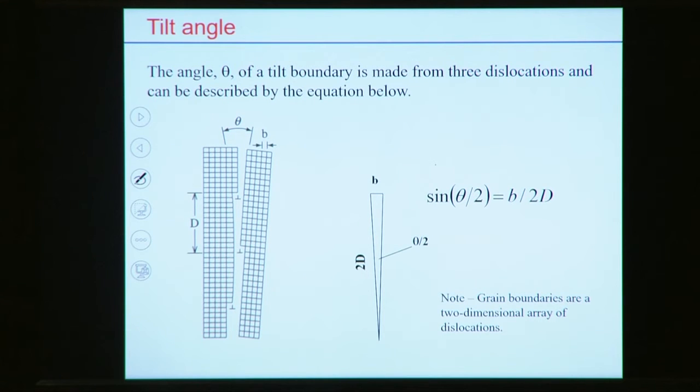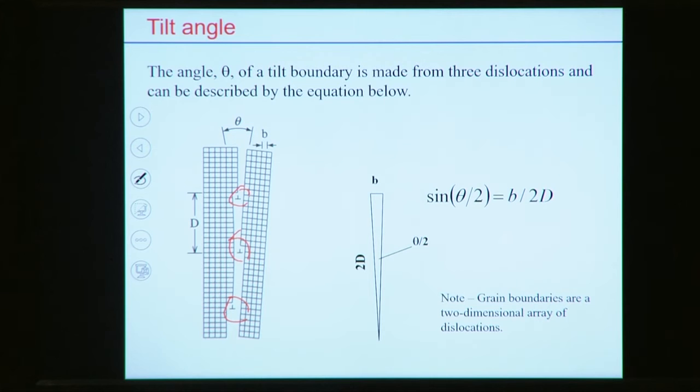Now we look into the tilt angle, how we can find out the tilt angle. For example, the angle theta of a tilt boundary is made from three dislocations and can be described by the equation below. So this represents the three edge dislocations here, because a tilt boundary corresponds to edge dislocations.